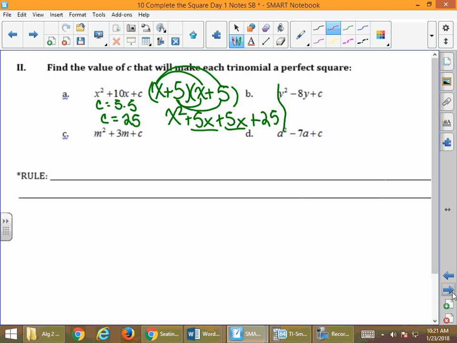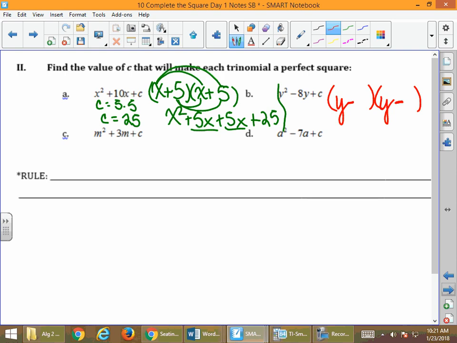Y squared minus 8y plus c. Same kind of thing. We want to create a perfect square trinomial. So that means that our factors have to be the same. So in this case, it's going to be y times y, but this is minus 8. So this time it's got to be minus and minus.